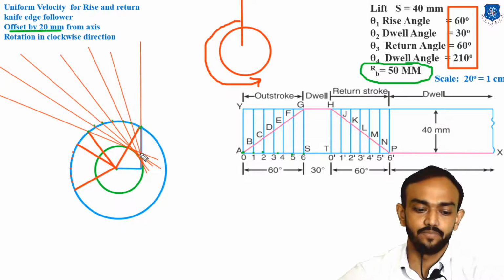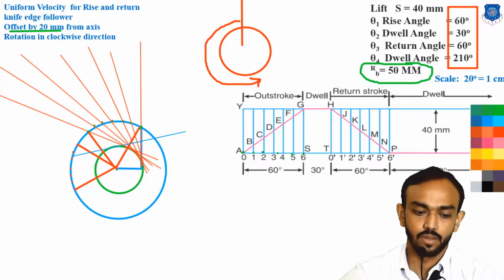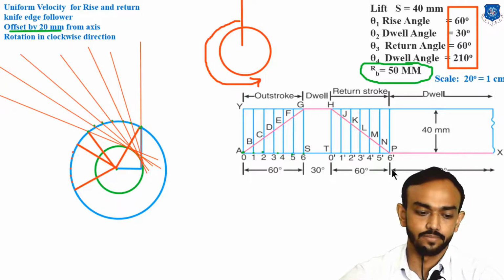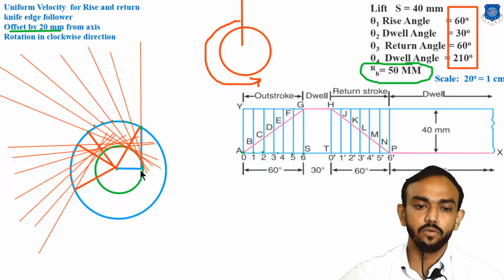And the same for the return, your tangent will be like this, which must pass through these points and be tangent perfectly. That's how you draw all the tangents and get the points.